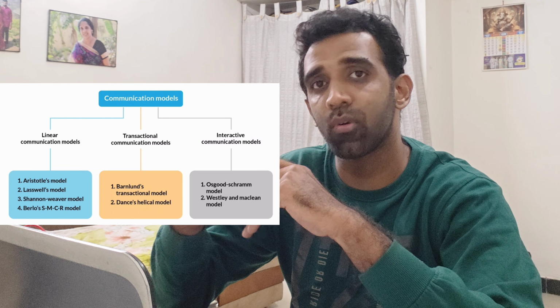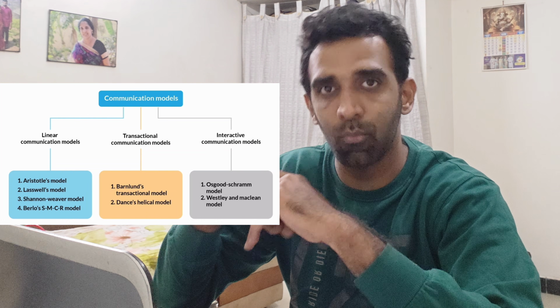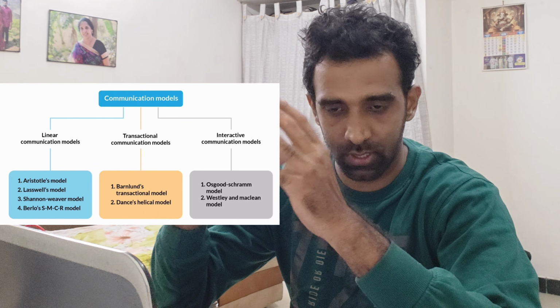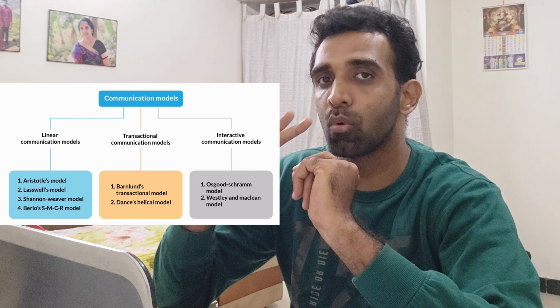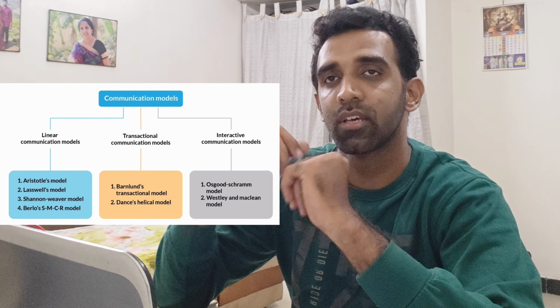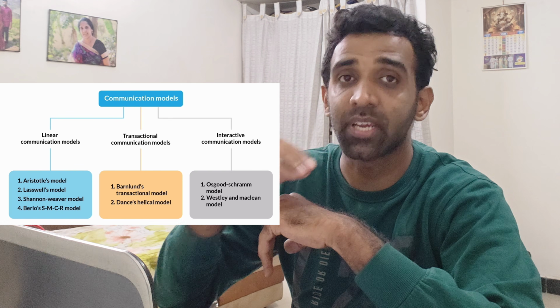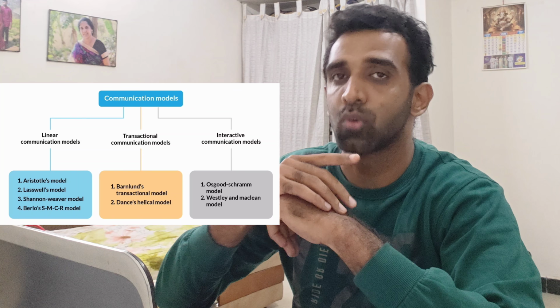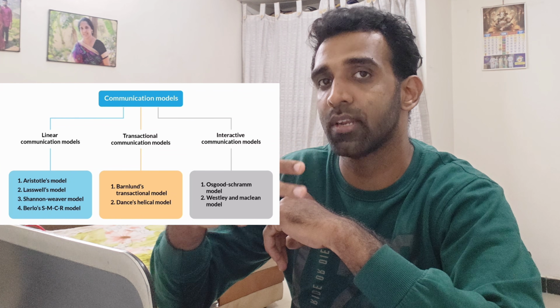The interactive model describes communication as a two-way process, and we have 2 models in it. The transactional model recognizes that communication becomes more complex as communication evolves, and in this model we have 2 main models of communication. So these are the 8 models of communication.